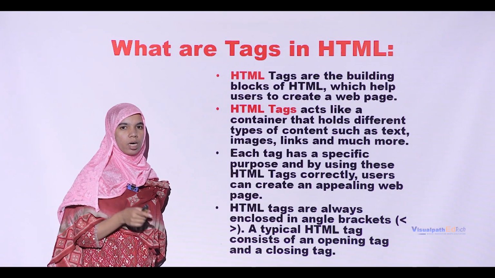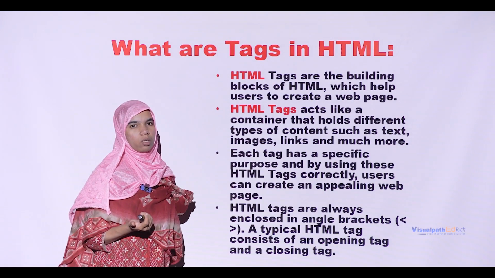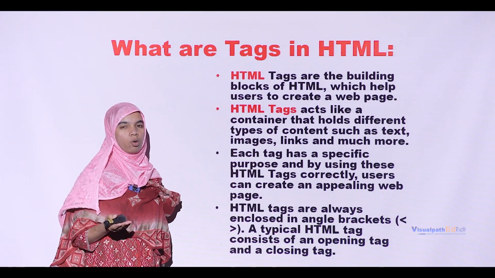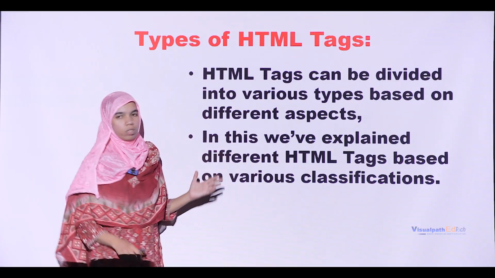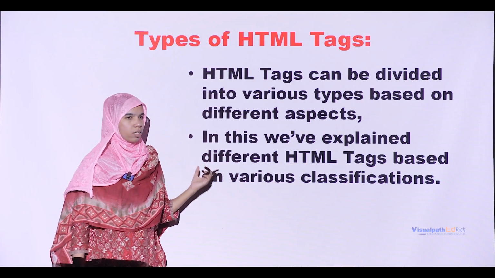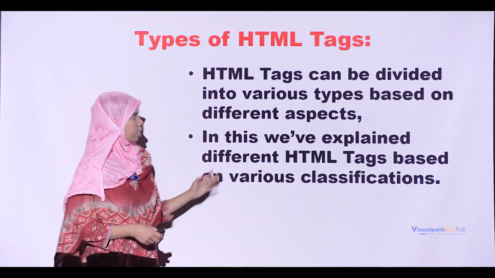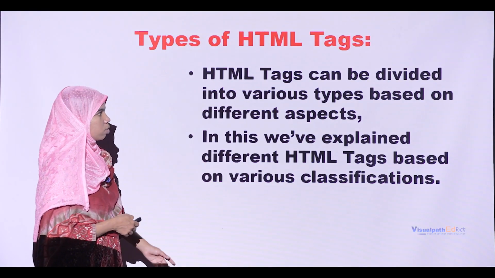There will be tags which have both the opening and the closing. And there are a few tags that have only the opening tag but no closing tag. So here you will understand the different types of tags available in HTML and how they are used. Let us see the various types of tags in HTML.